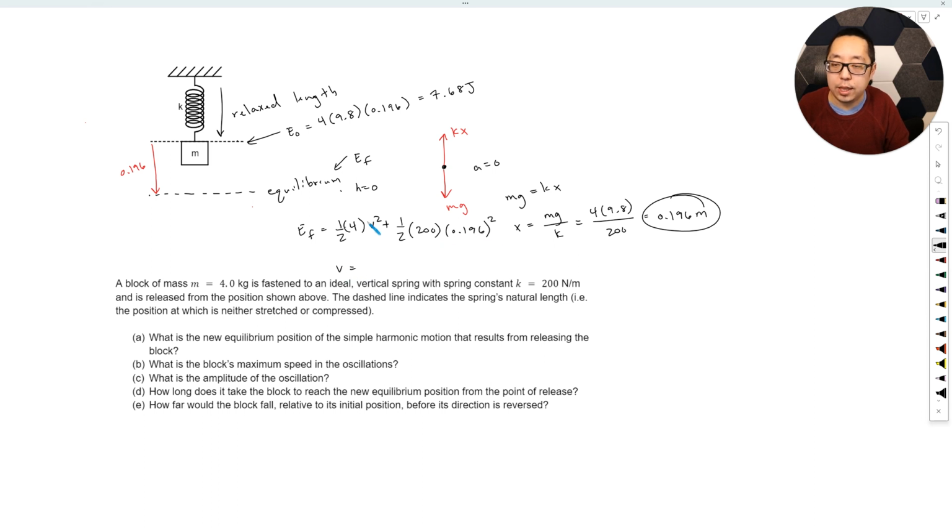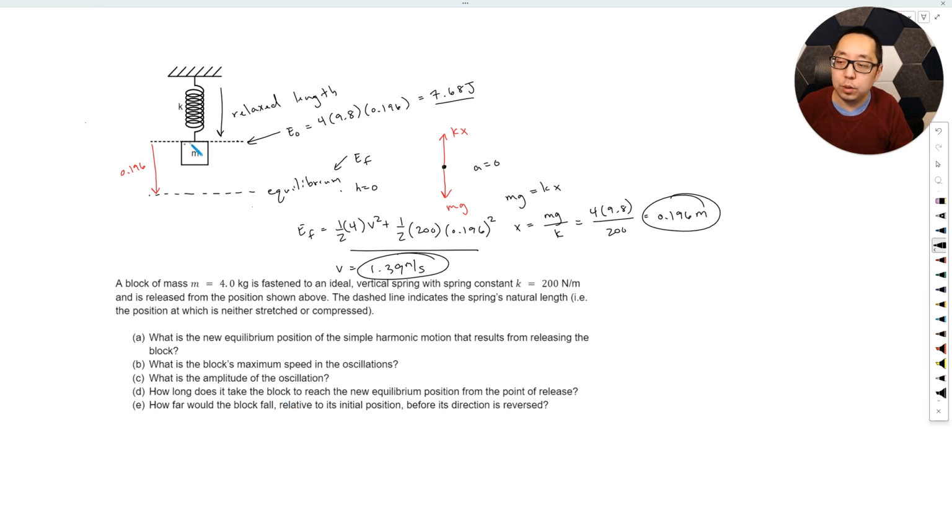So then you're going to set that equal to this and then solve for v, right? So you take that minus 0.5 times 200 times 0.196 squared, divide by 2, and then square rooted. I get 1.39 meters per second is what I get for the speed.